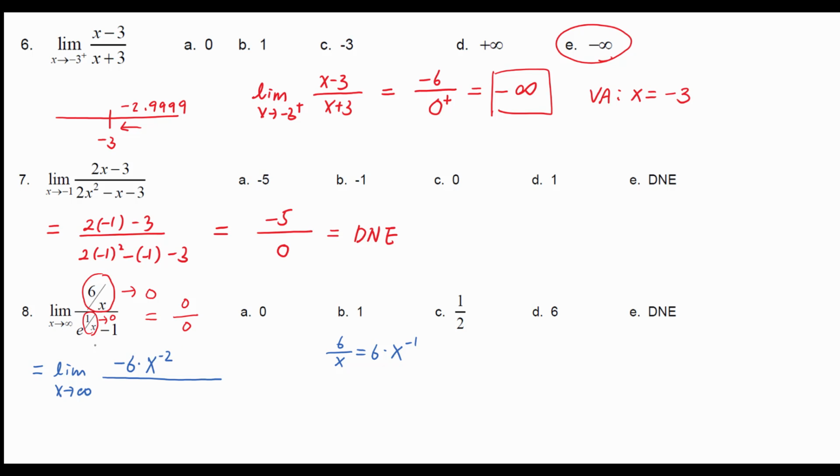And for e to the 1 over x minus 1, when you take the derivative, it is e to the u times u prime, so you get e to the 1 over x times the derivative of 1 over x, and 1 over x is just x to the negative 1.